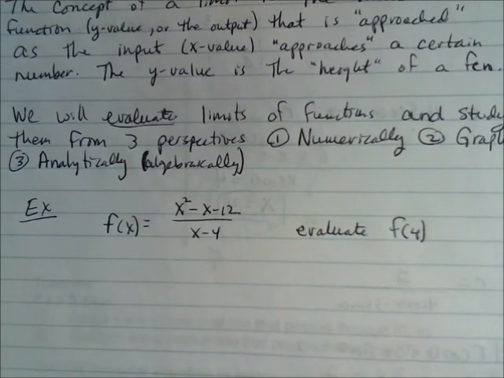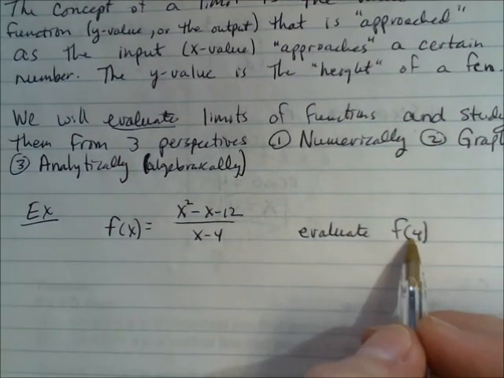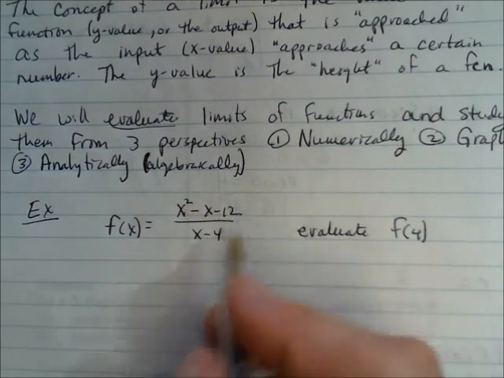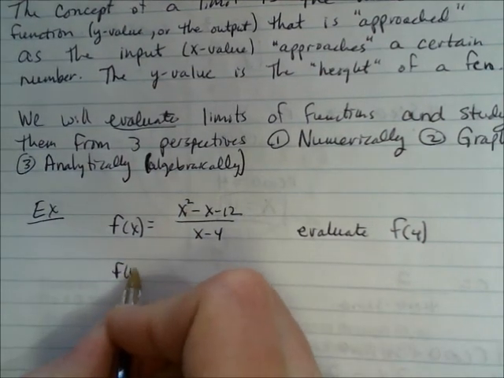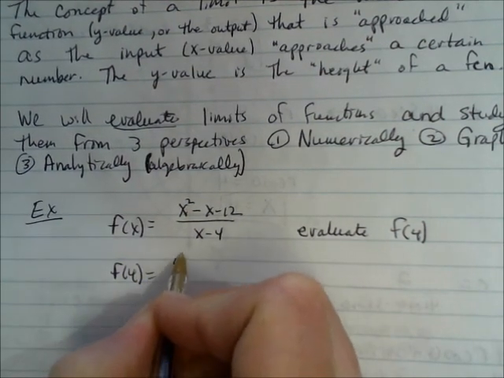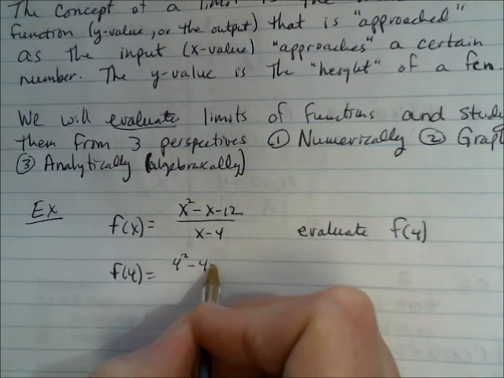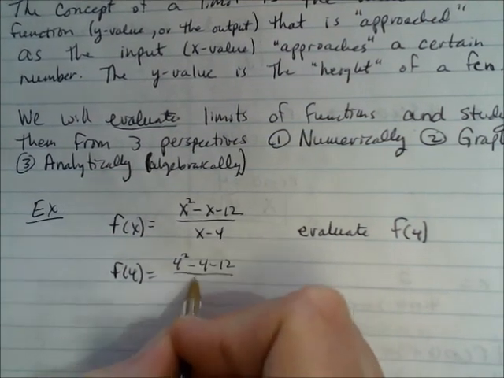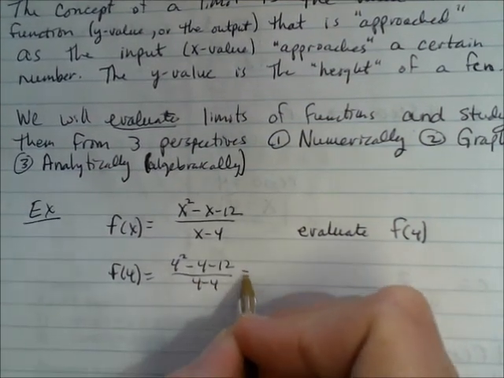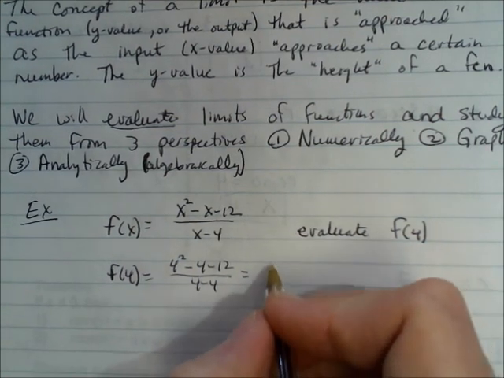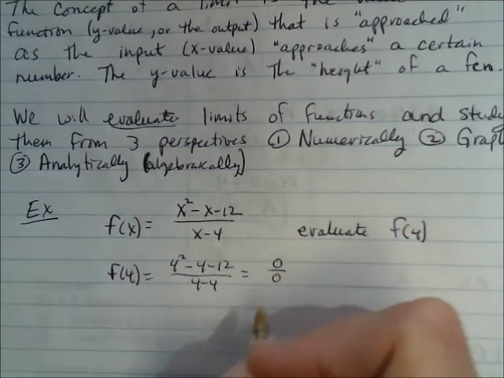So if we have to evaluate f of 4, it's just a direct substitution, 4 squared. So f of 4 is equal to 4 squared, which is 16, minus 4 minus 12, all over 4 minus 4. And when we evaluate f of 4, we're going to get 0 over 0.